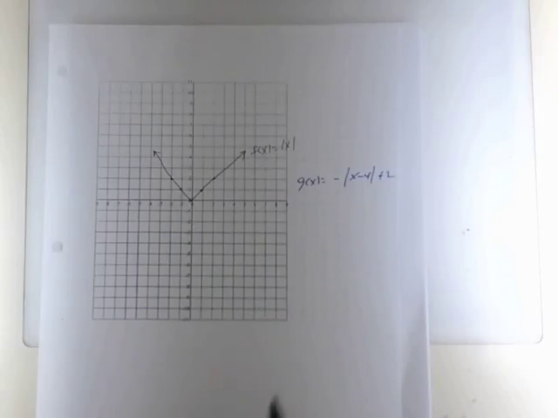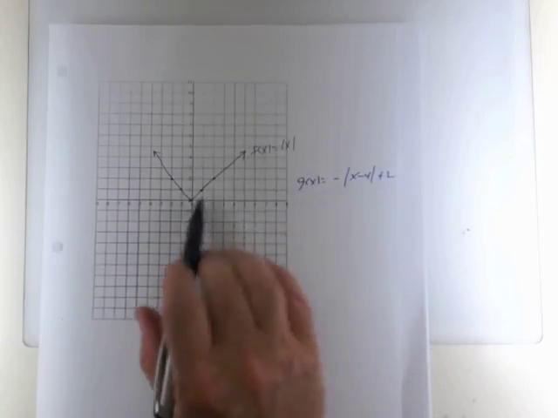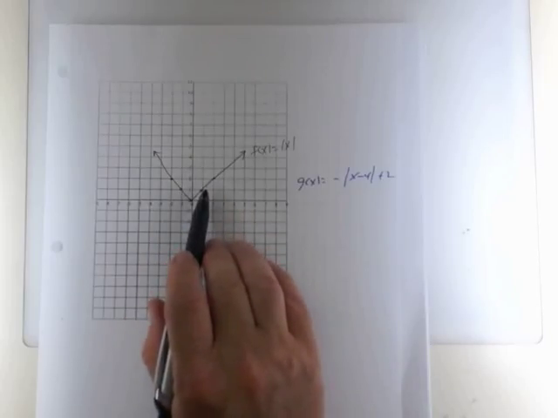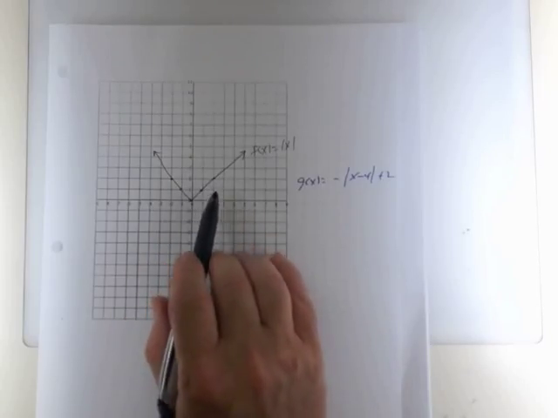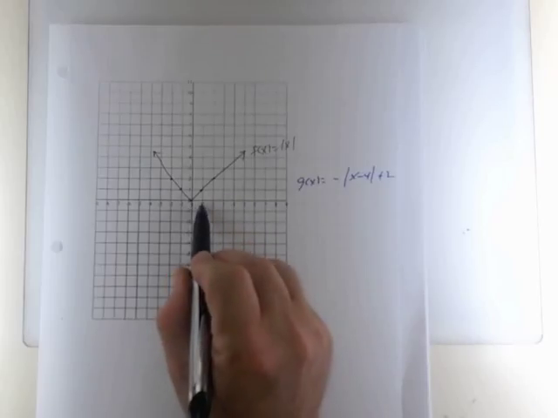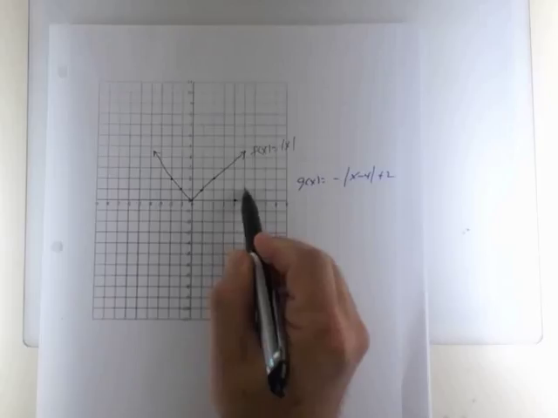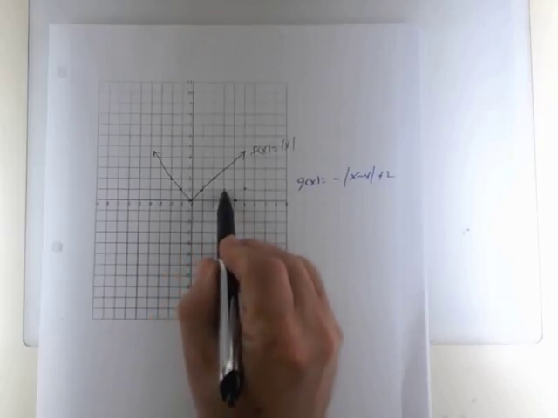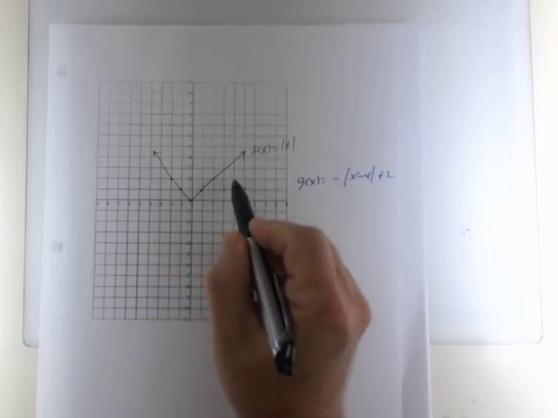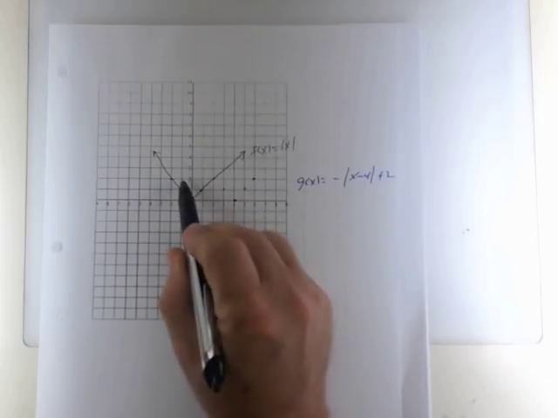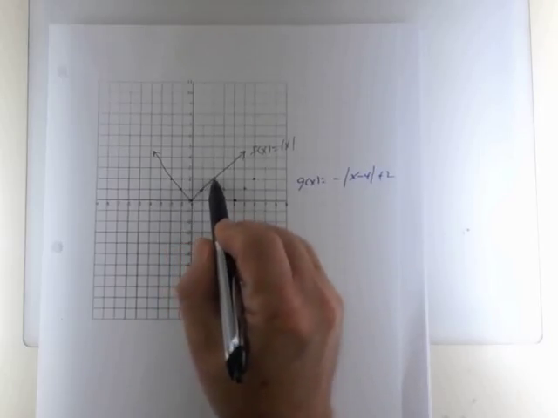Okay, and now let's do the horizontal shift. So I'm going to take each of those points and move it which way? Okay, how many units? 4. 1, 2, 3, 4, for each of the points.